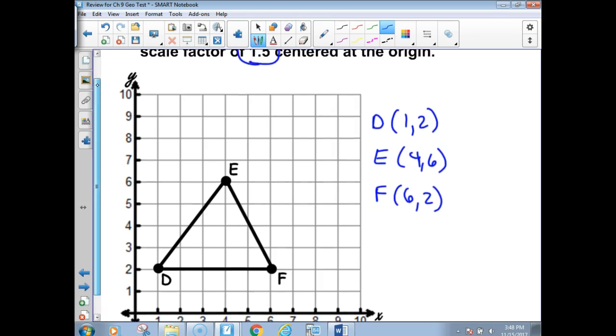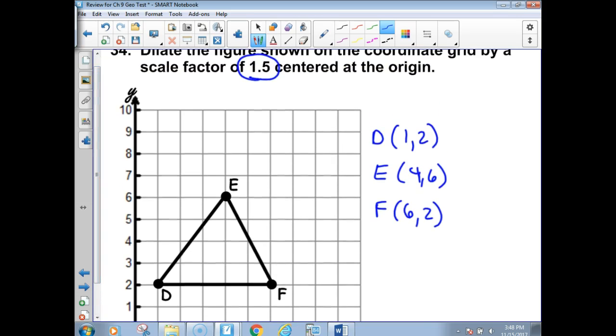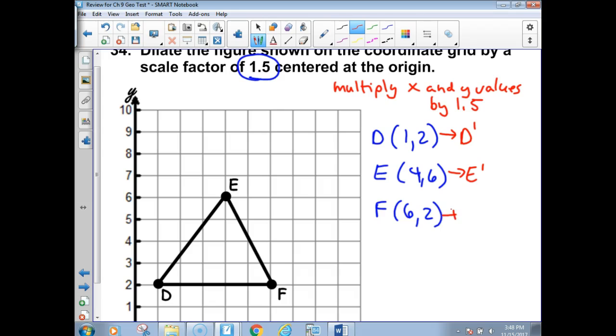It said to dilate by a scale factor of 1.5, which means we're going to multiply the x and the y values by 1.5. That'll give us D prime, E prime, and F prime.